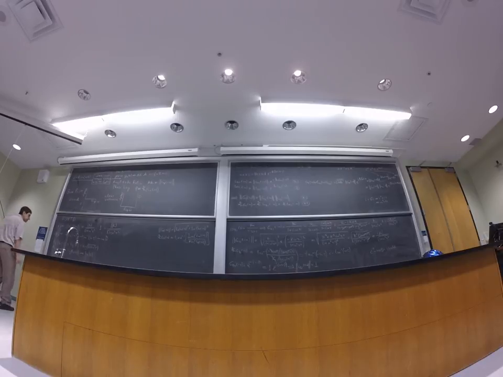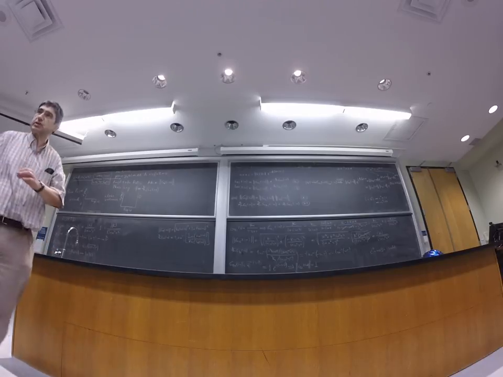What happens as omega goes to infinity, very high frequencies? Well, obviously, this whole thing goes to minus infinity, right? No question about it. But we can give a little bit more information here.